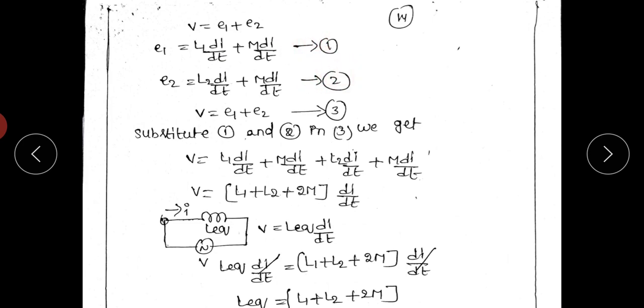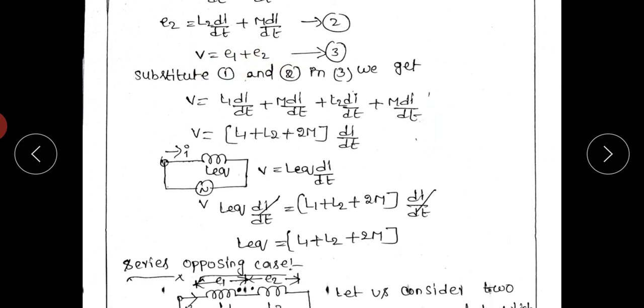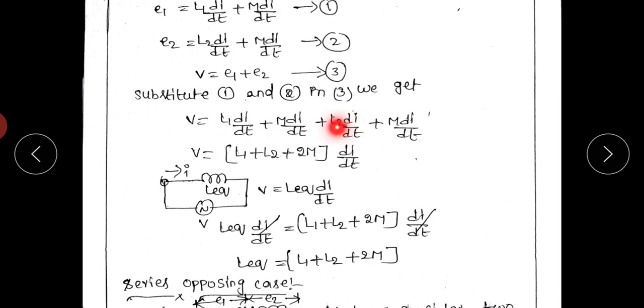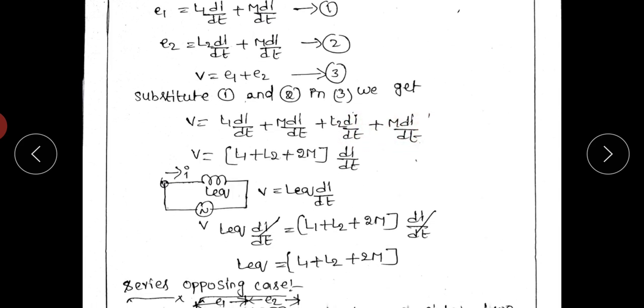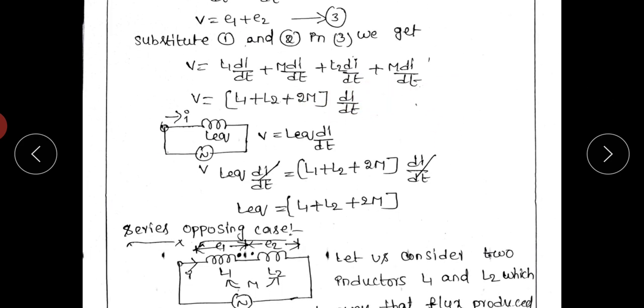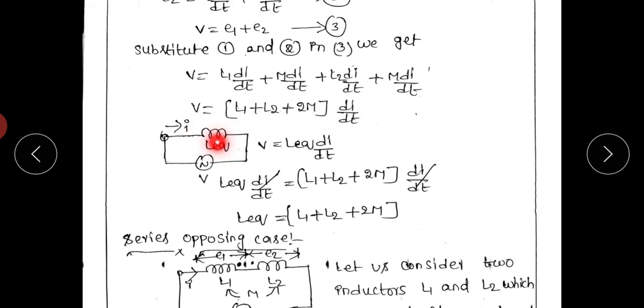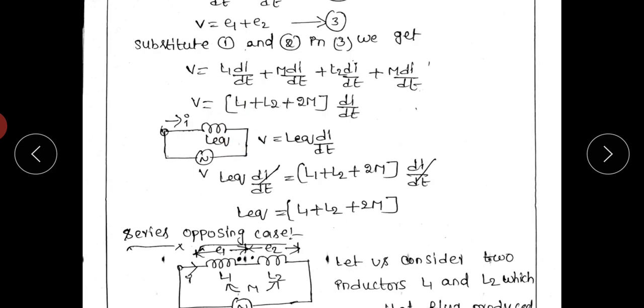So the KVL equation is V equals E1 plus E2, equation 3. Now substitute E1 and E2 in equation 3, we get V equals L1 into di by dt plus M into di by dt plus L2 into di by dt plus M into di by dt, or V equals L1 plus L2 plus 2M into di by dt. So this is the equivalent circuit. From this circuit we can write V equals L equivalent into di by dt.